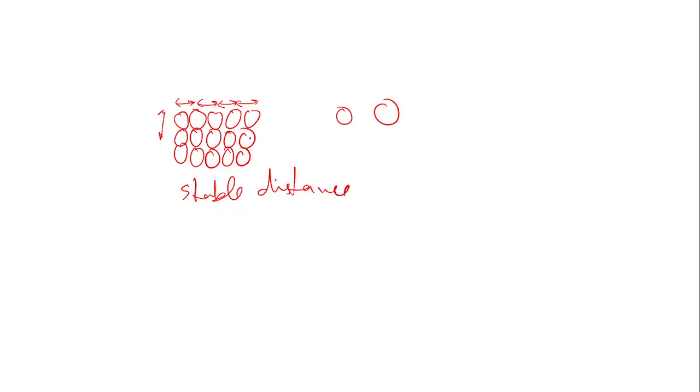Otherwise, if they are not stable at that particular distance, I mean, these are atoms, and they are happily sitting at those distances between them. If we have to remove them, then we have to give energy. If we want to bring them closer in solids, that is also not much possible.